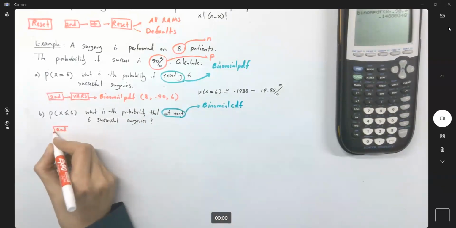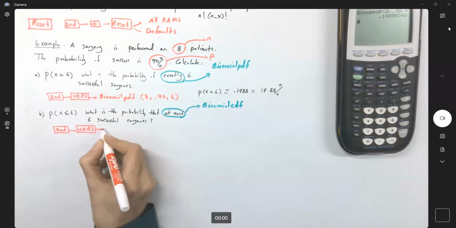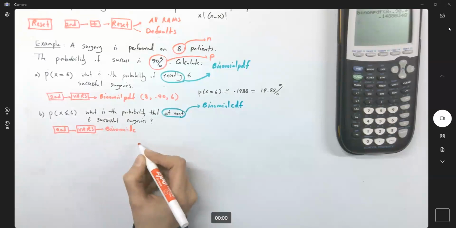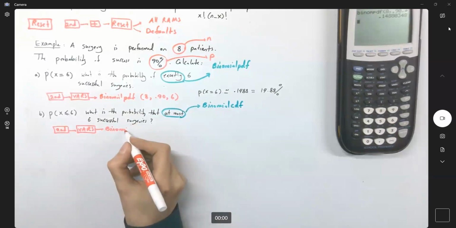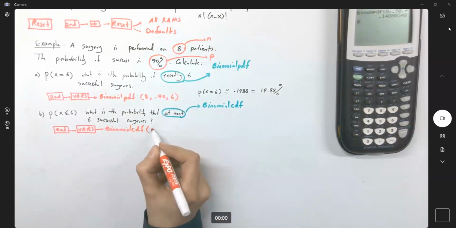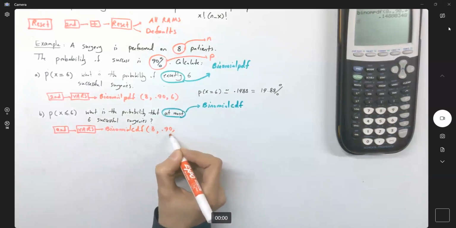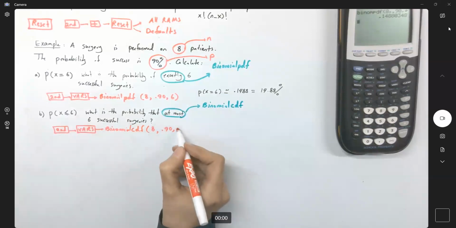You need to go to second, vars, find binomial CDF, and then enter n, which is 8, probability of success, and the exact value 6.